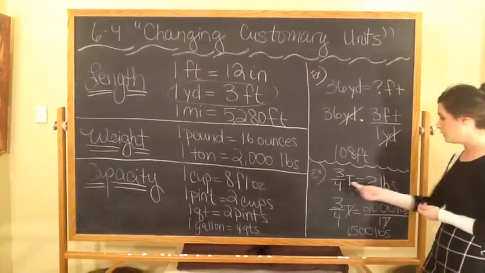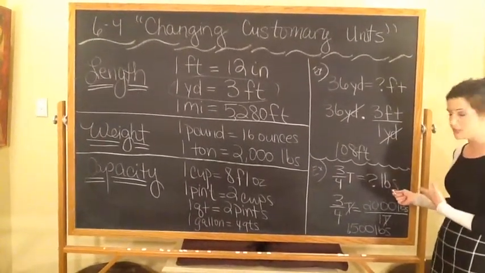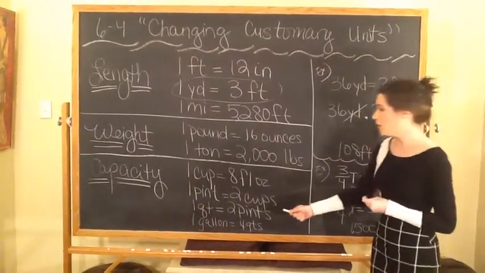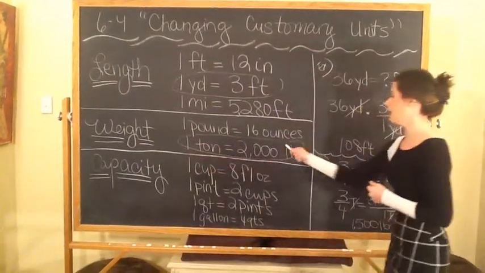Now in this specific example, we have 3/4 tons equals how many pounds? So I'm going to look for tons and pounds on my chart, and you'll see that 1 ton is equal to 2,000 pounds.